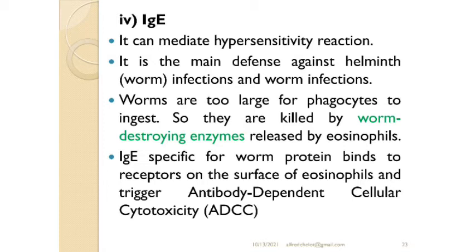So this type of immunoglobulin, which is specific for worm protein, binds to the receptors on the surface of eosinophils and triggers antibody dependent cellular cytotoxicity, which then will end up killing the worms.